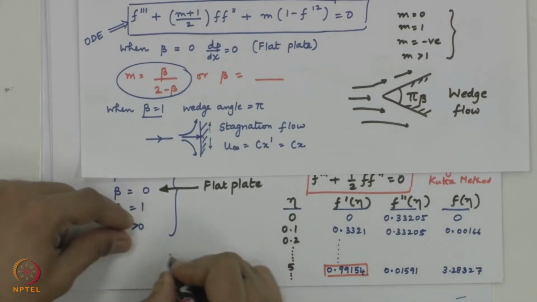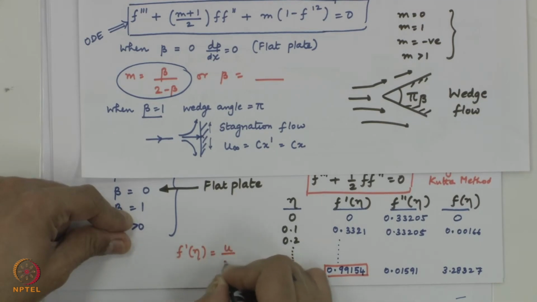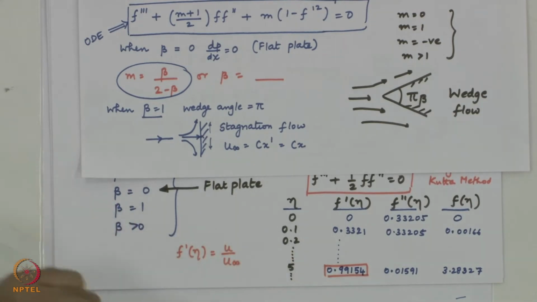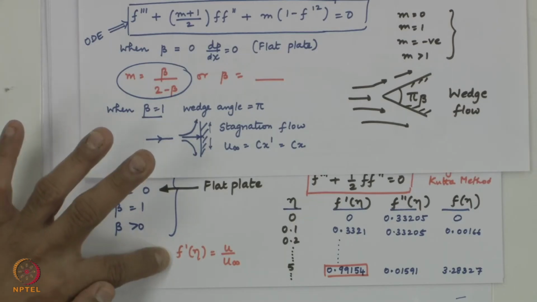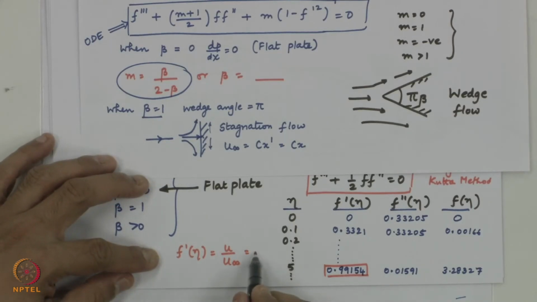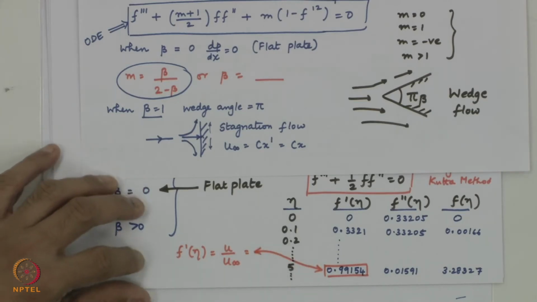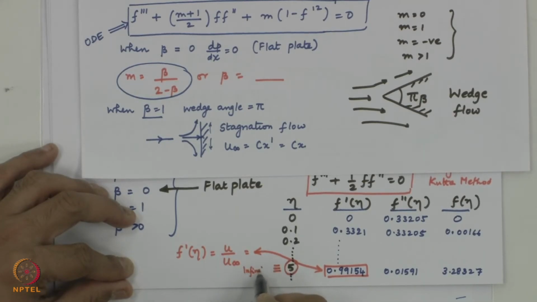What was f prime of eta? It is u over u infinity. When eta equal to 5, u by u infinity is this number, 0.99154. So, this eta equal to 5 can be equivalent to infinity for us.